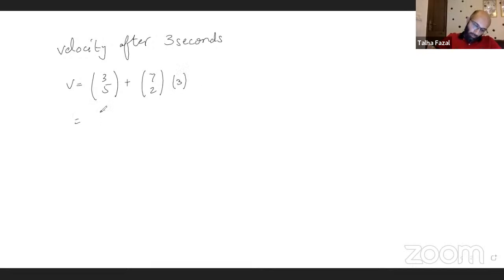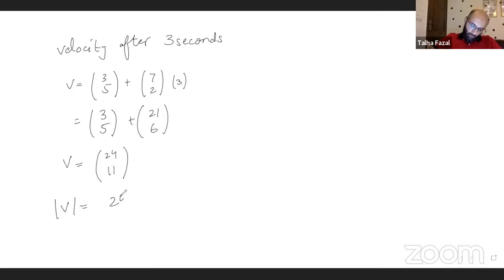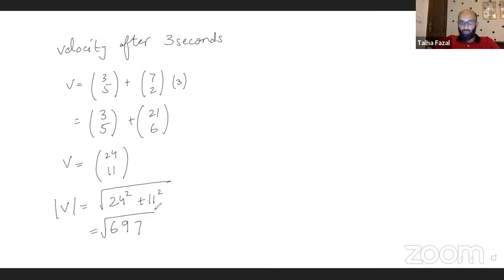When you simplify this, obviously this is scalar multiplication, so you get 3, 5 plus 21, 6, and you can rewrite this as 24, 11 as v. Again, finding out the speed, you can find the magnitude of this. You get the square root of 24 squared plus 11 squared. So this gets you, I think, square root of 697, which is going to be the speed.